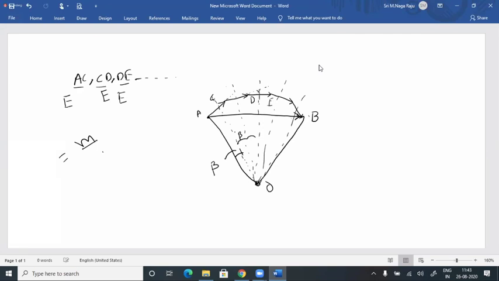Phase belt means the number of slots per pole per phase. Suppose these are the slots per pole per phase, so in total we can write m. Each angle is beta, so the total angle is m into beta.